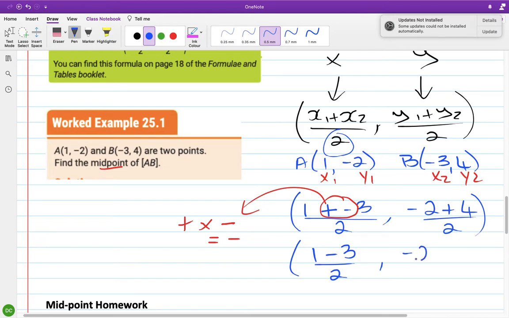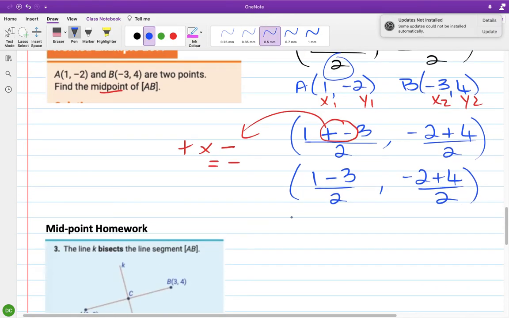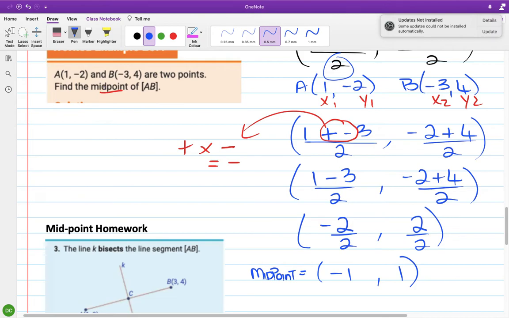Okay, we'll do the calculations. 1 minus 3 is minus 2 over 2, and minus 2 plus 4 is 2 over 2. Minus 2 divided by 2 is minus 1, and 2 divided by 2 is 1. So the midpoint of these 2 points is minus 1, 1.